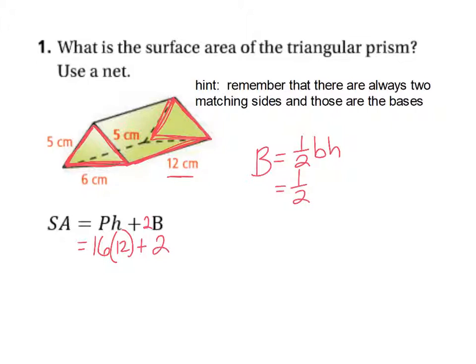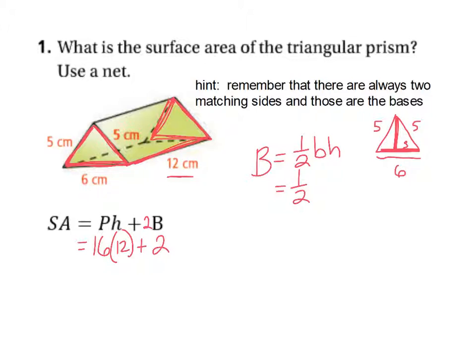And now I'm just looking at the triangle itself. See how that's a lowercase b? That just means the b that's the base of the triangle. And then I'm going to need the height of the triangle. And what I know is that these 2 sides are 5, and the whole bottom is 6, which means when I drop that height, this becomes 3.